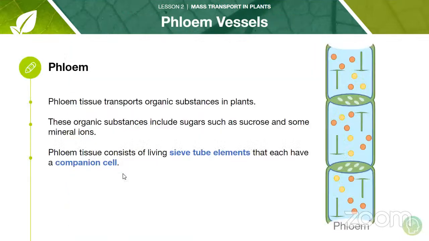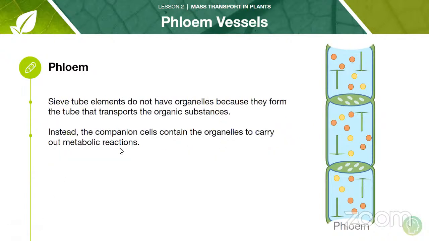Okay, so what is phloem? Phloem tissue transports organic substances, including sugars such as sucrose and some mineral ions. Phloem tissue consists of living sieve tube elements that each have a companion cell within them. The companion cell is crucial for the process of mass transport.